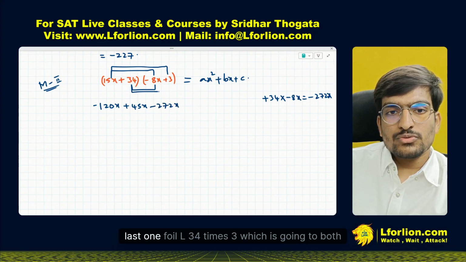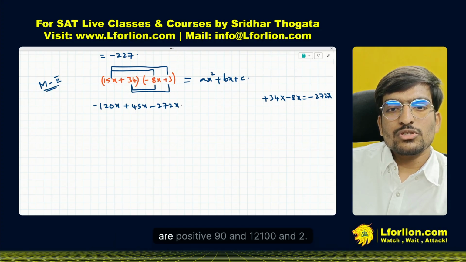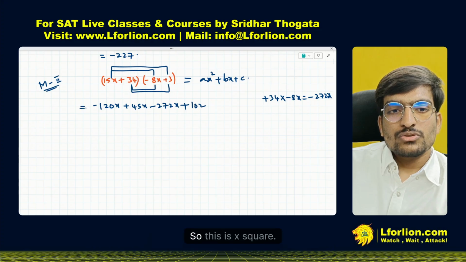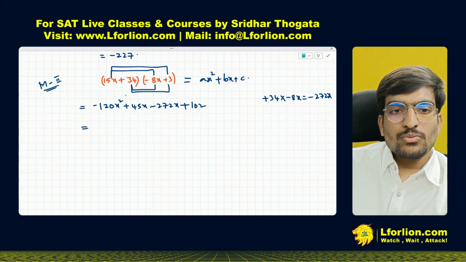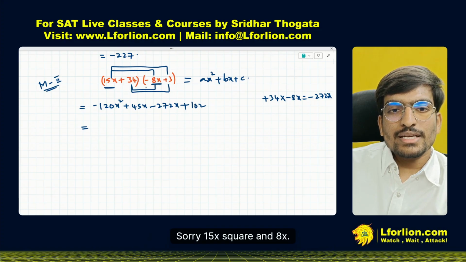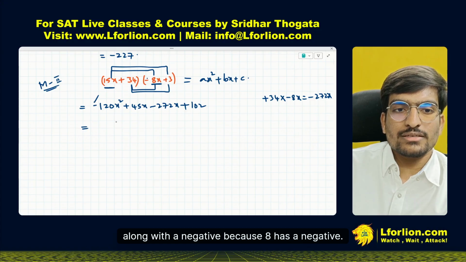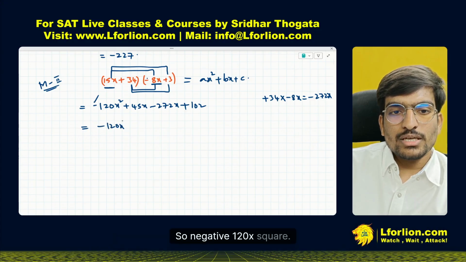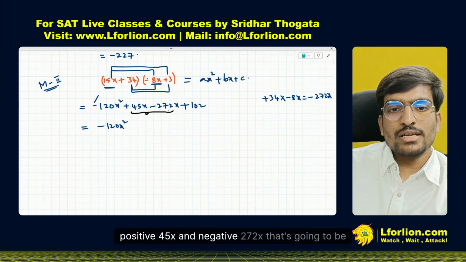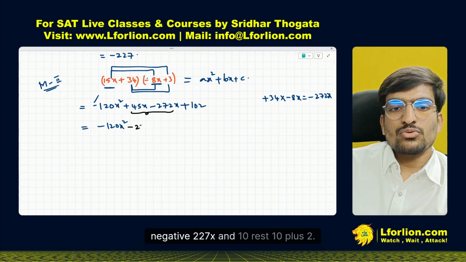Last: 34 times 3, both positive, is 102. So this is negative 120x square, and solving 45x and negative 272x gives negative 227x, plus 102.